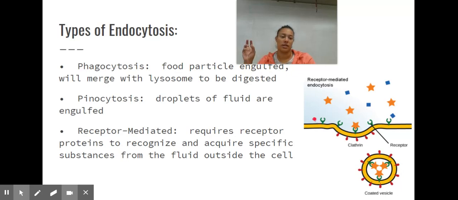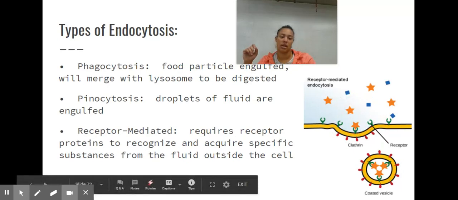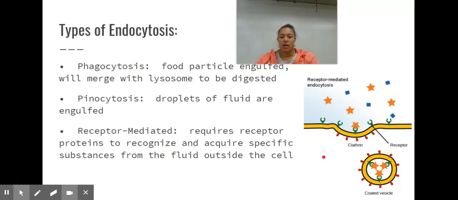So these little receptor proteins will activate. Once that molecule attaches, then the vesicle fuses around it and brings it on into the cell. So those are our versions of endocytosis. The end.